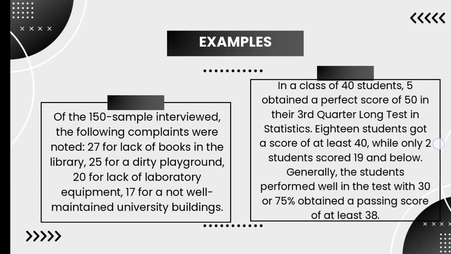Generally, the students performed well in the test, with 30 or 75% obtaining a passing score of at least 38. So here we can clearly understand it because textual presentation is simpler than other methods. We can better understand it even if it is a paragraph only.